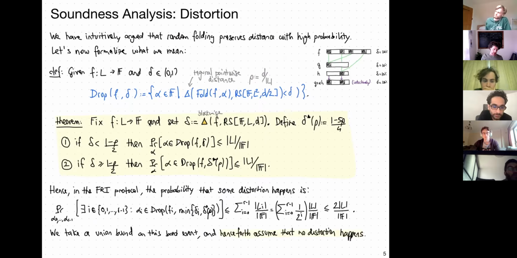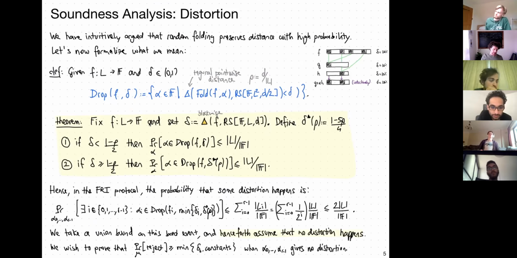So yeah, this is what it said, and what we want to do is the following. For now, let's assume that there is no distortion at all, that we never hit this bad event, which happens with tiny probability.